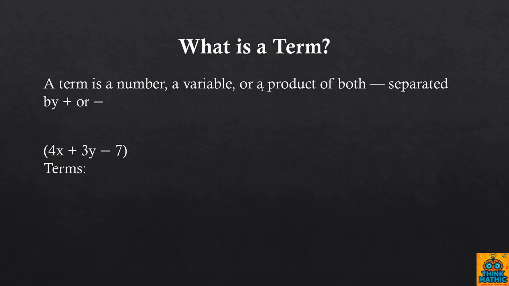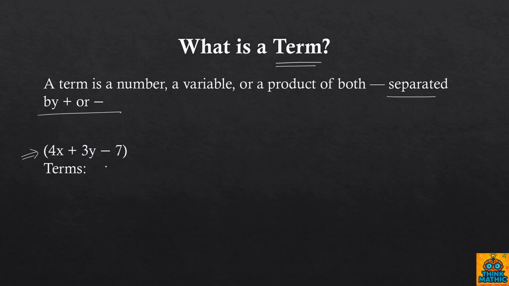Now let's understand what we mean by the word term. A term is a number, a variable, or a product of both that is separated by an operation sign, that is plus and minus. So in this case, if this expression is given to you, how many terms are there?